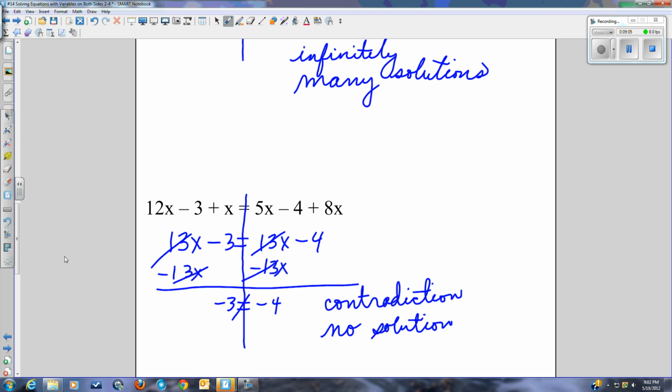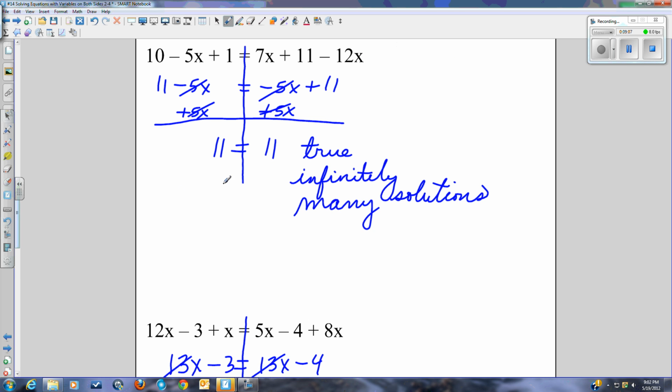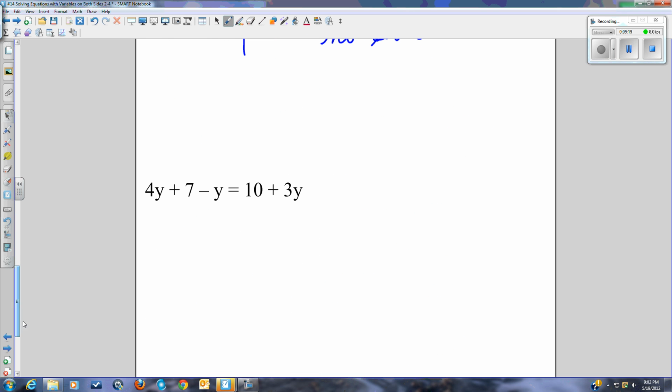Because the previous problem was a true statement with infinitely many solutions, we do want to add that that problem up above it is called an identity. Let's try this next one. We want to get our like terms combined. So we have on the left-hand side 4y minus y.